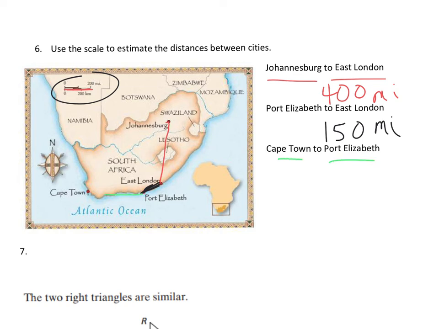So Cape Town to Port Elizabeth, how many of these can fit over here? So it looks like 1, maybe 2. So again, approximately 400. This distance looks the same as this distance right here.